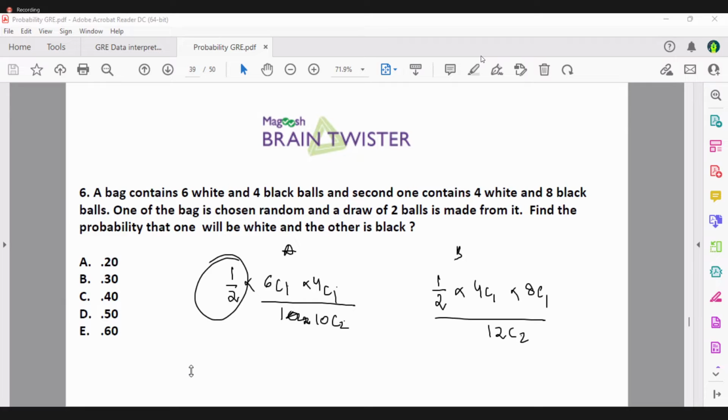I think 0.5, yes, sir. Probably, I think so. That might be the answer if I remember correctly. Like we can solve it: 6C1 times 4C1 would be 6 times 4, and 10C2 would be basically 5 times 9.